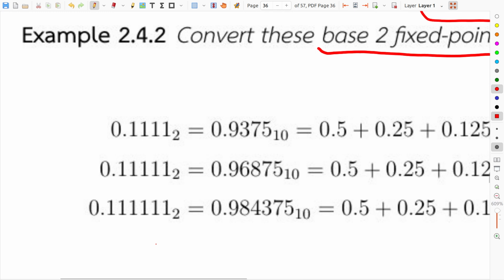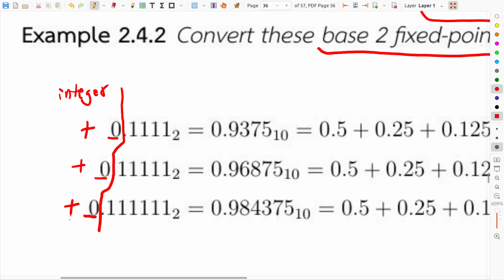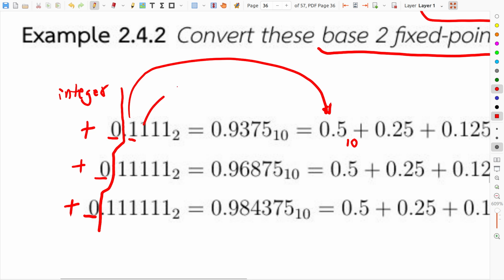Now we want to focus on the decimal part, because the integer part is 0 in this example, and they are all positive numbers. Therefore 0.1 here is 0.5 base 10. The next 0.01 here is 0.25 base 10.